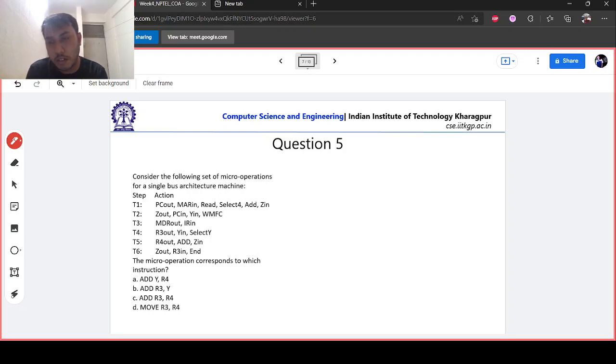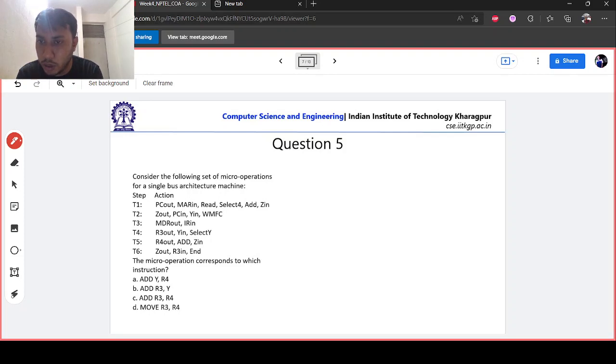At time 1, or transaction 1, PC out, MAR in are the two registers, and the control signals are read, select 4, add, Z in. Then at transaction 2 or T2, the action is Z out, PC in, Y in, WMFC. Then at T3, it is MDR out, IR in.